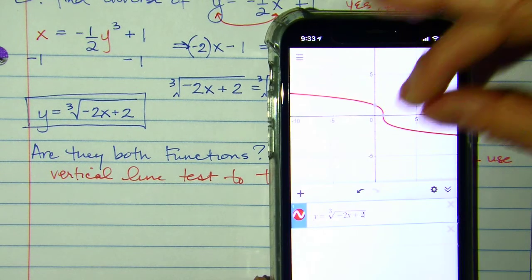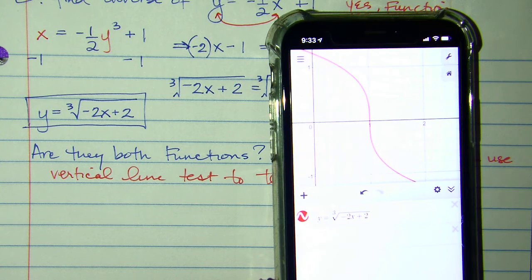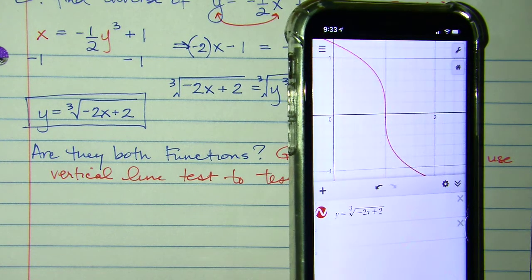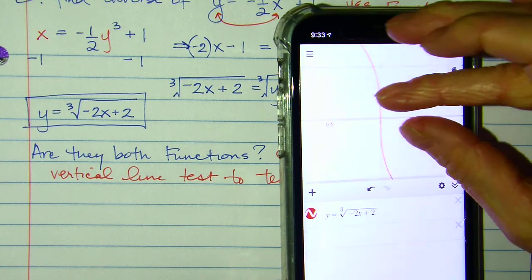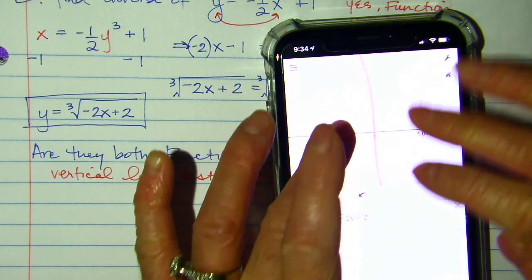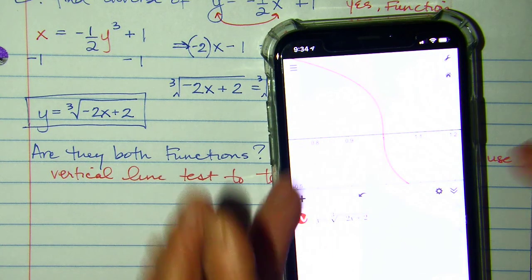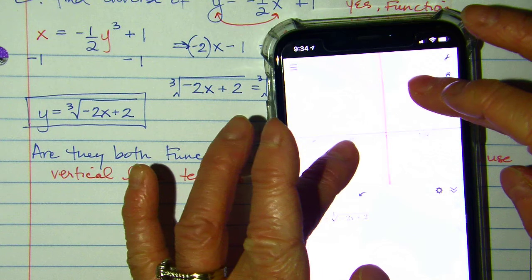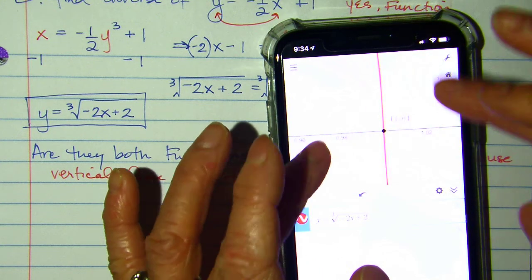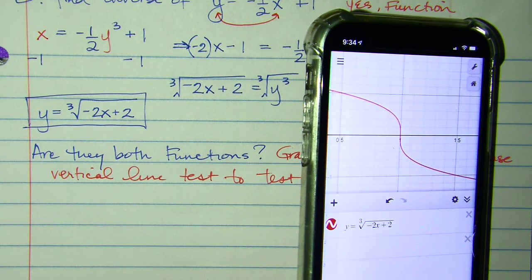And especially if you're unsure, you can zoom in. Oh, interesting. If I drew a vertical line, would it be a function?